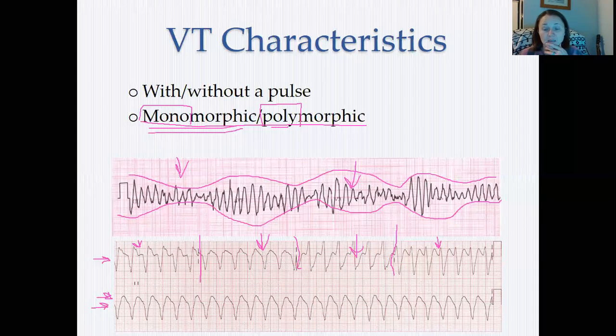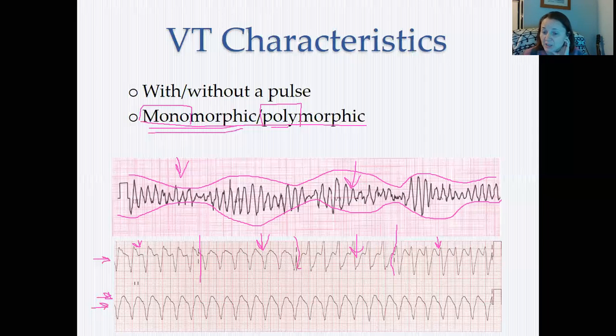And if they don't have a pulse, then we'll talk about that when we get to treating pulseless rhythms. But if they have a pulse, the priority with torsades or polymorphic ventricular tachycardia is going to be to treat the underlying cause and get that taken care of.